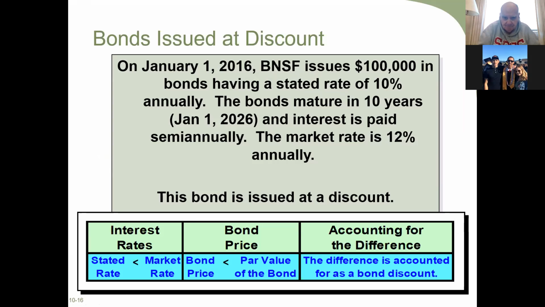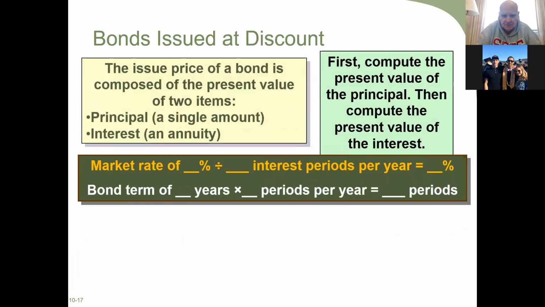It's selling at a discount. Absolutely. No one is going to lend us money at 10% if they can go to an equally sound company for 12%. And therein lies that additional or lesser amount that we call a premium or a discount.